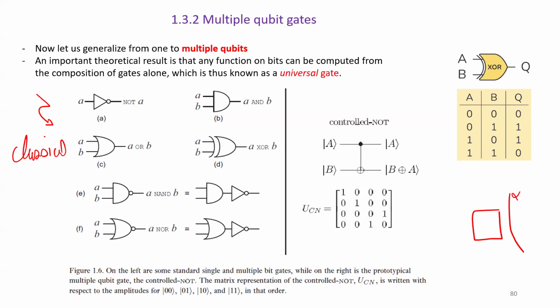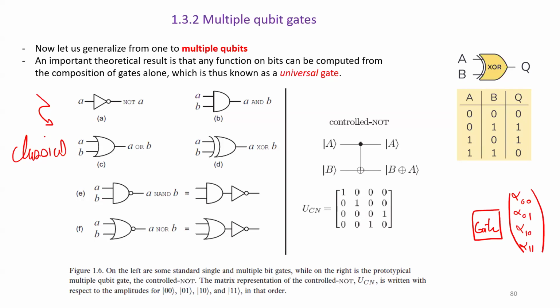For instance, alpha 0 0, alpha 0 1, alpha 1 0, and alpha 1 1. So we are going to act with this gate on 2 or more qubits, which means I'm going to have 4 or 8 or 2 to the power n elements. Those are the very usual, very standard multiple qubit gates, which act on 2 things.